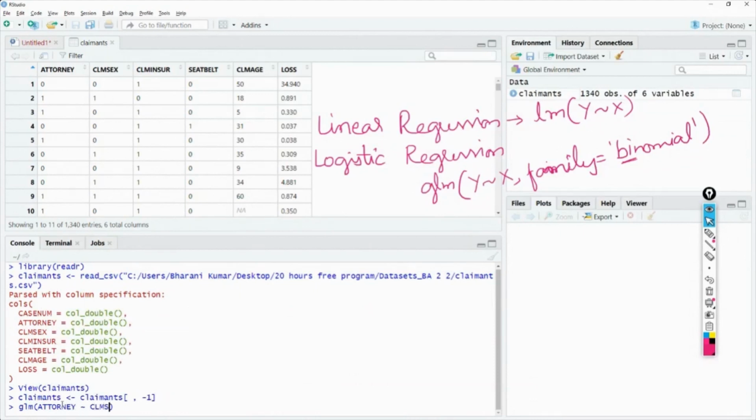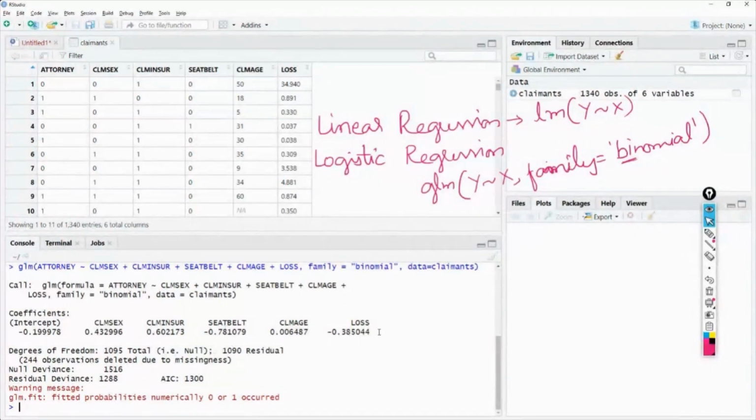Attorney tilde x1 plus x2 plus x3 plus x4 plus x5, comma, family is equal to binomial. And what data do you want to use? You want to use the claimants dataset. Done. I built a model.